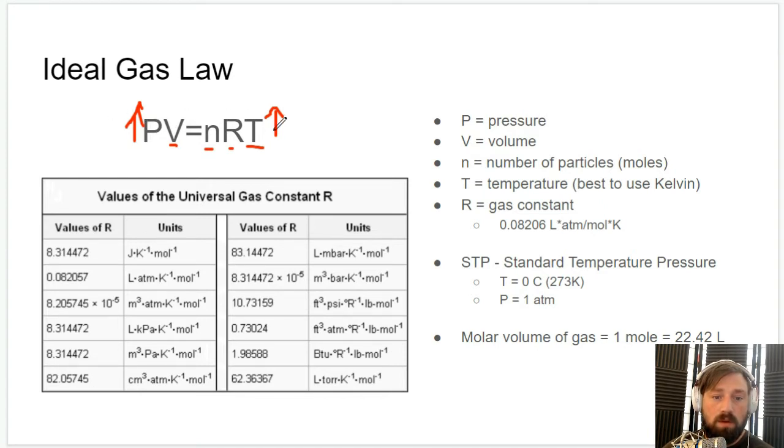We can think about that when we get into kinetic molecular theory, where we're going to talk about why that is. To give you a preview, when you increase the pressure, you're increasing the number of collisions that are happening, and that's going to increase the average kinetics inside of the container.